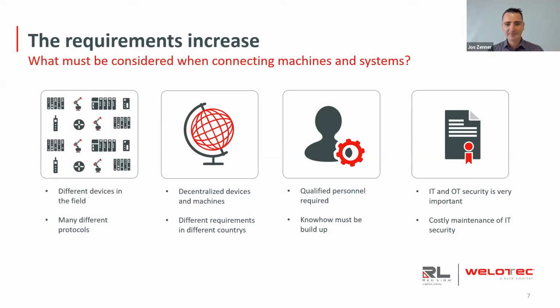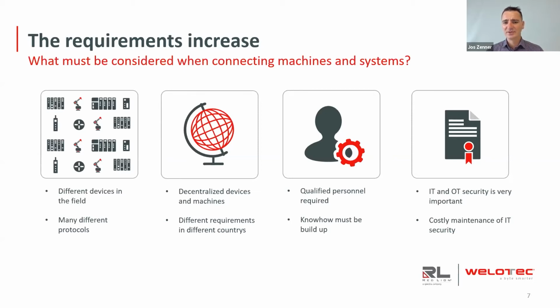Yes. Thank you, Julian. So you definitely need qualified personnel to manage those things, because you have multiple domains that you need to cover. On the one hand, you have the OT side, where you need to interact with the machines and the machine protocols. On the other hand, you have the IT side, to make sure that it's a secure connection.